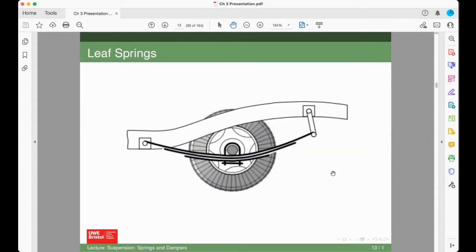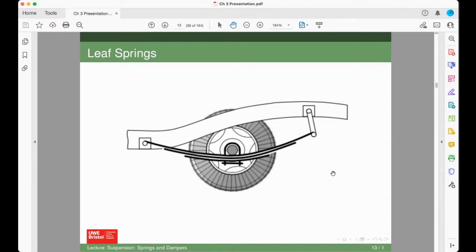The next spring type we'll talk about is the leaf spring. This is possibly slightly old-fashioned; you can find them on horse-drawn carriages. It's very straightforward to understand what goes on.